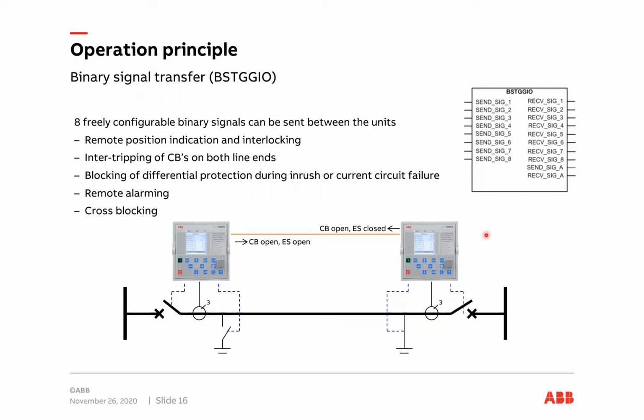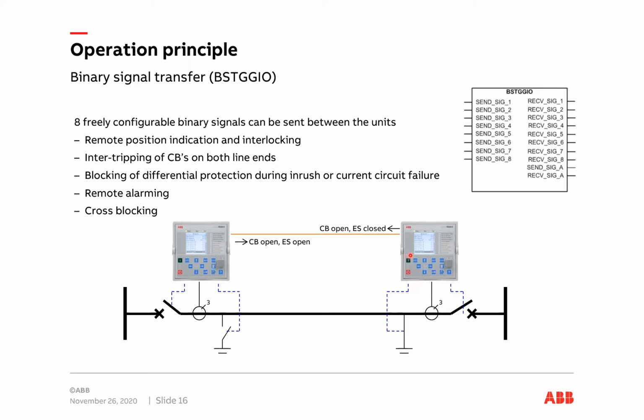So what can we do with these binary signals? Well, like in this example here, this relay is measuring the earthing switch position and also the circuit breaker position.